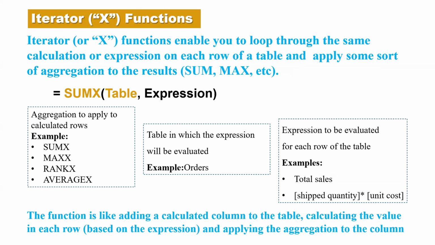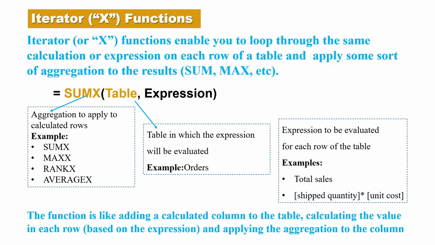In this case, the aggregation mode is a sum, but the same syntax applies to other X functions such as countX, averageX, rankX, and so on. The first argument of an iterator function is the table over which you want the expression to be evaluated. This can be a direct table reference, like orders, or it could be a function such as filter or all that returns a table.